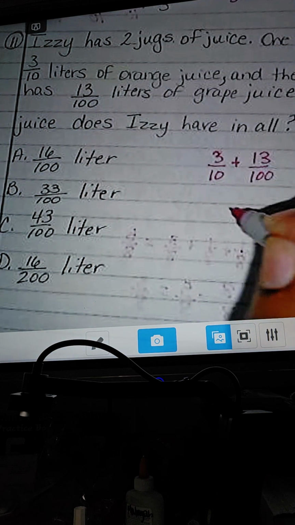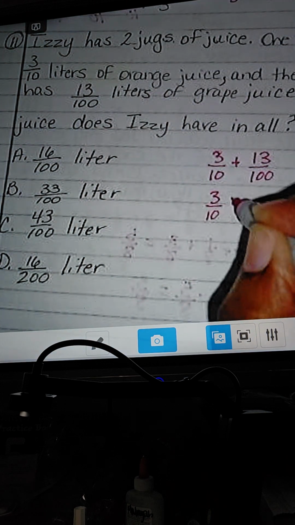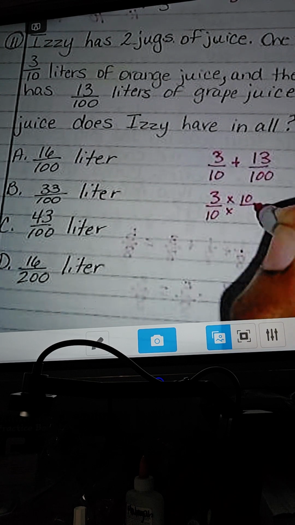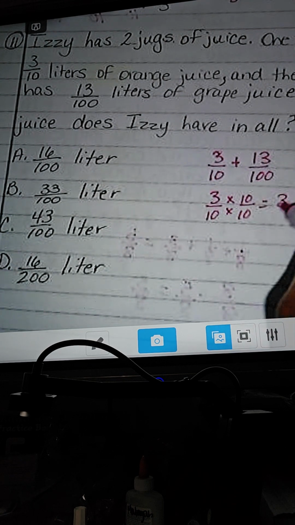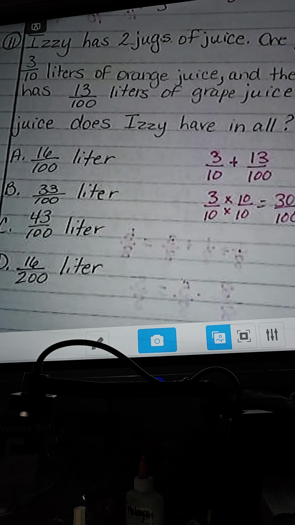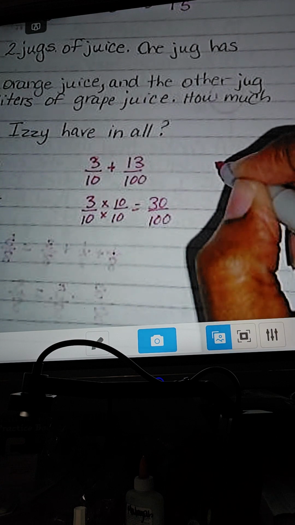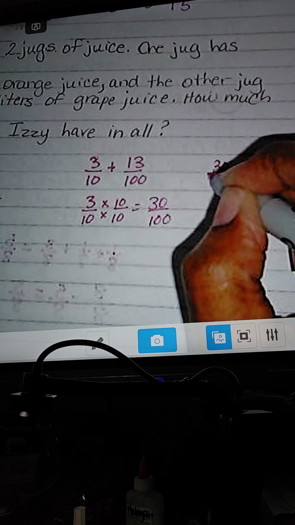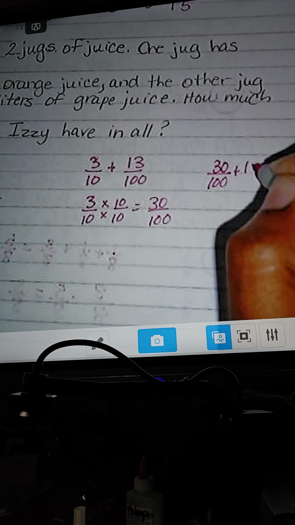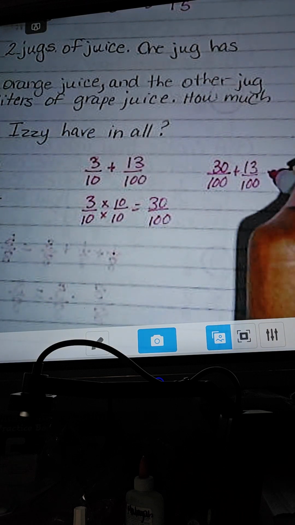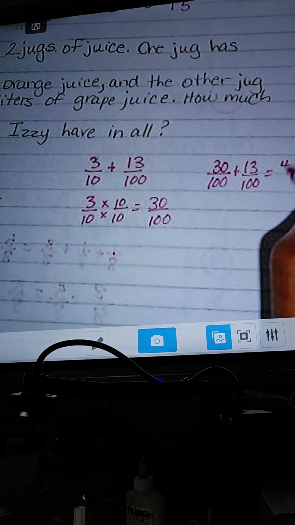So I know that 3/10 times 10 over 10 equals 30/100. So now I can add. 30/100 plus 13/100 equals 43/100.